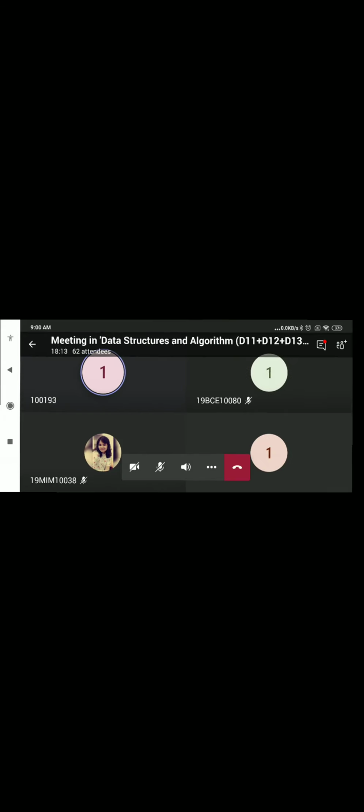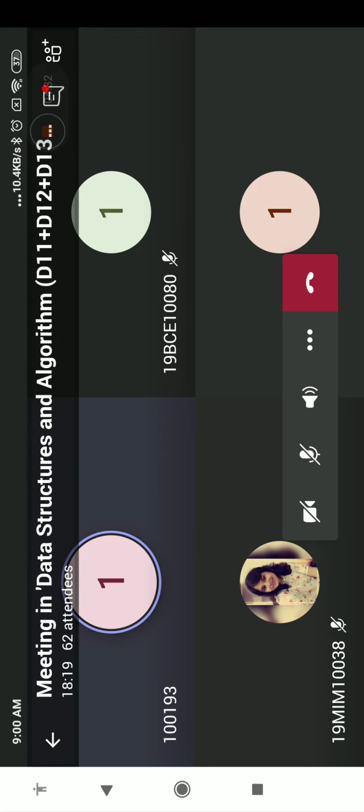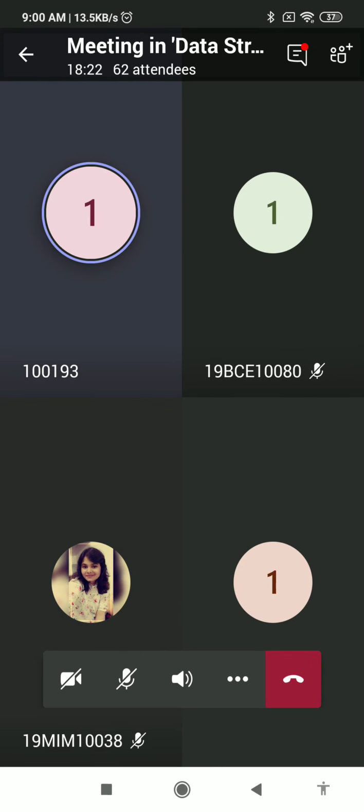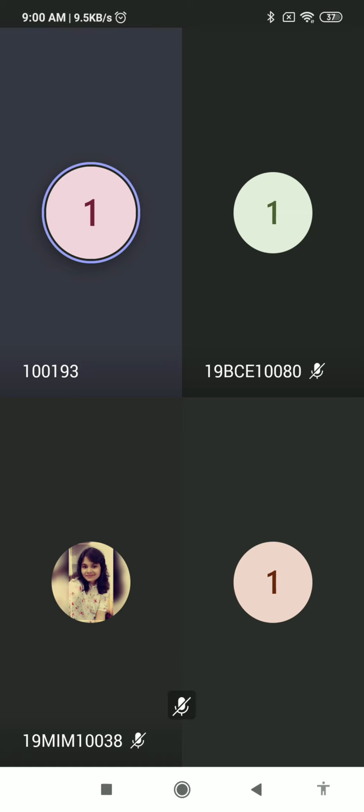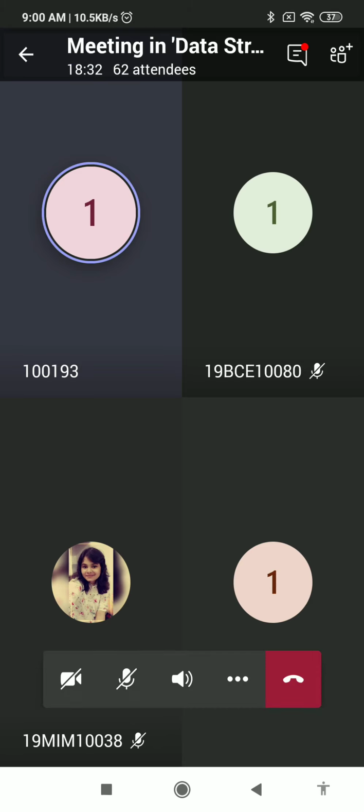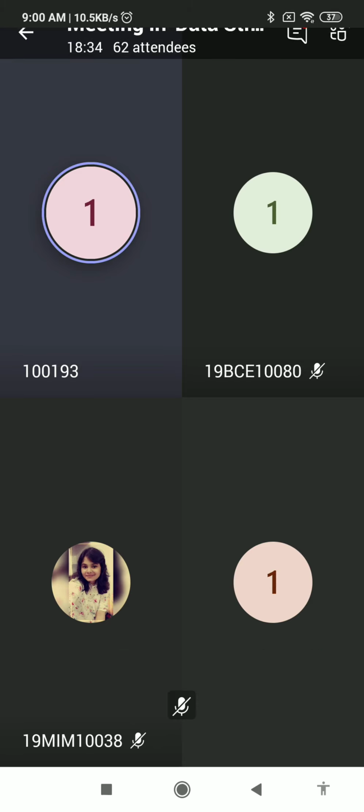So that is why today I'm going to discuss a little bit about pseudocode and algorithm, and I'm going to give you an in-class activity for today's session also, because there will be questions on writing pseudocode and algorithms. But don't worry, everything that we have covered in the class, the questions will be from that part only.